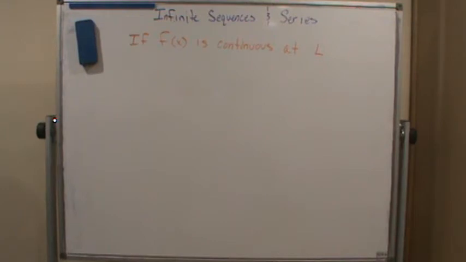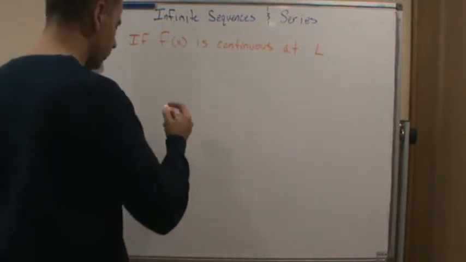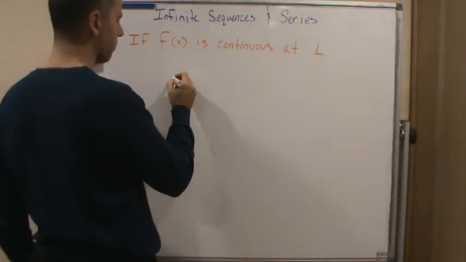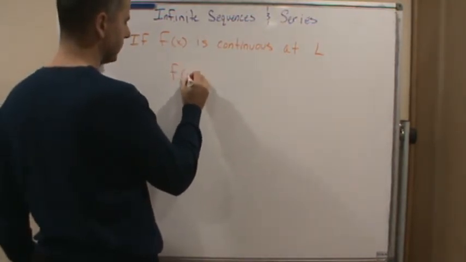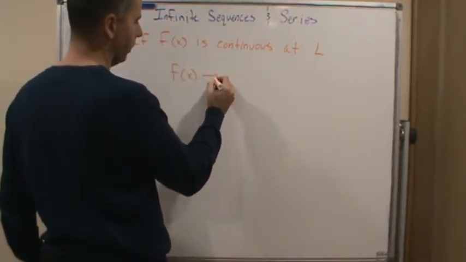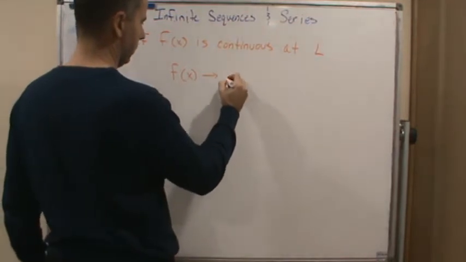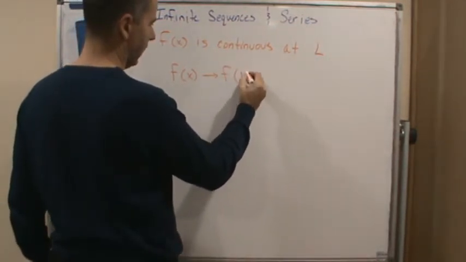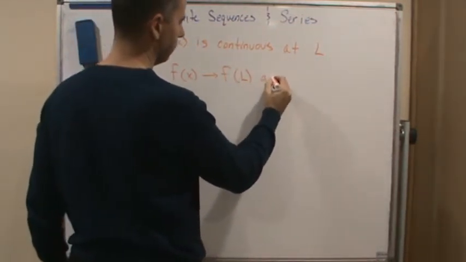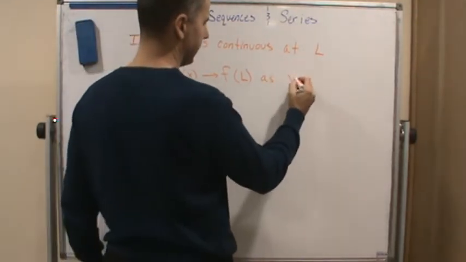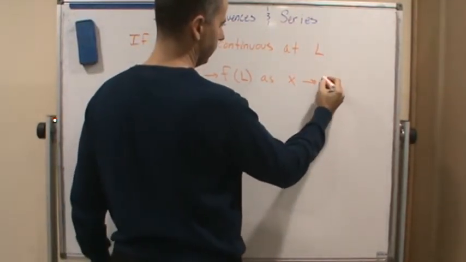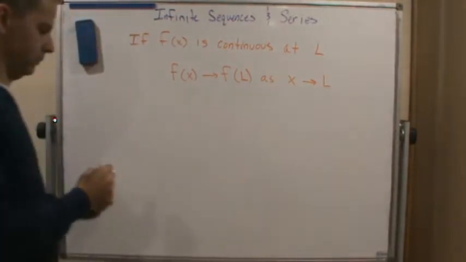So f is a continuous function at a particular value L. Then we know f of x approaches f of L as x approaches L. Right?